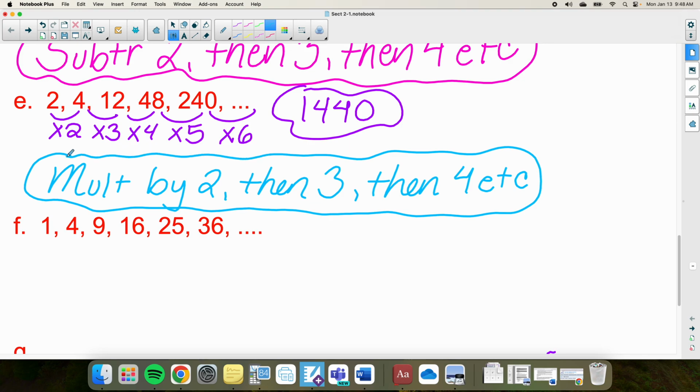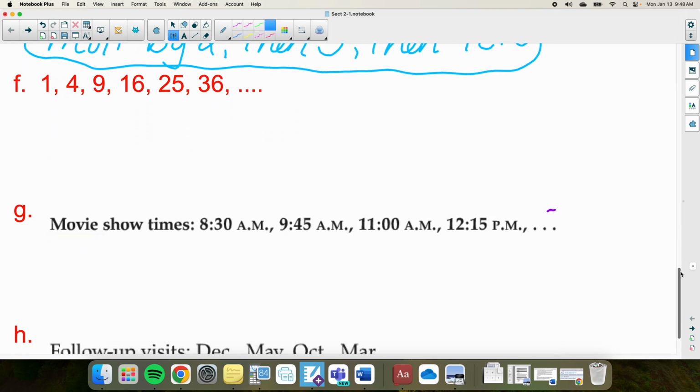Okay. Now if we look at F, can anyone tell me what they're doing in that one? This one actually is a little bit harder. You're adding 3 and 5 and 7. Yes.